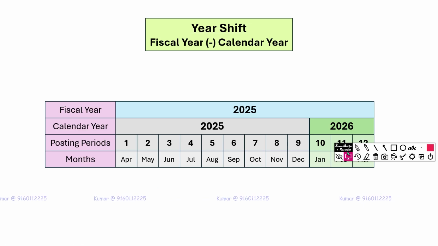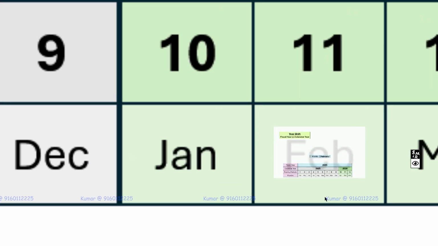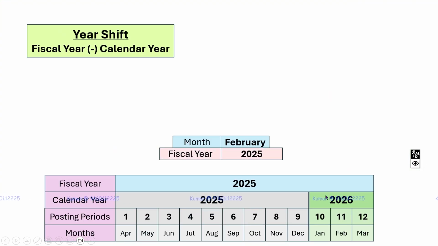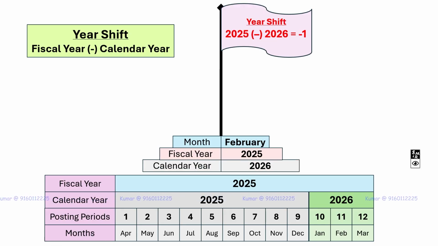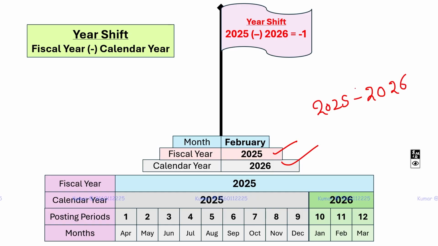In the same way, if we go for February month also, fiscal year will be 2025. What will be the year shift for February? Why -2? It is 2025 minus 2026 only, same as January, right? This is fiscal year 2025, and the calendar year is 2026.